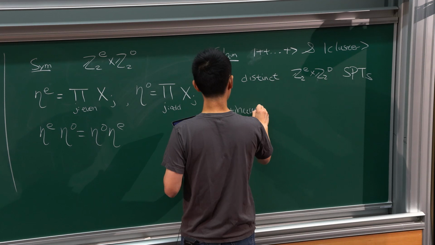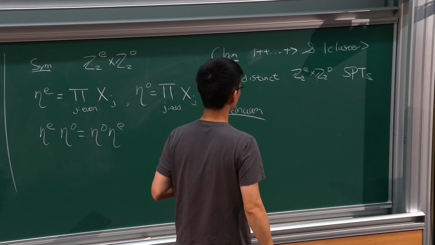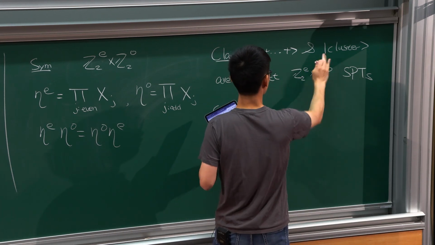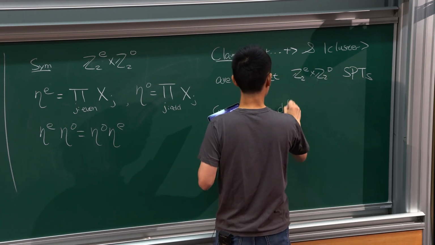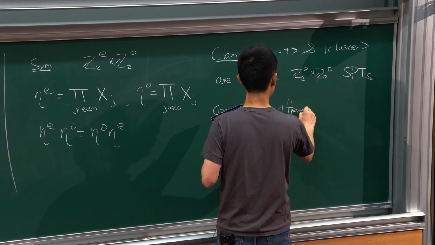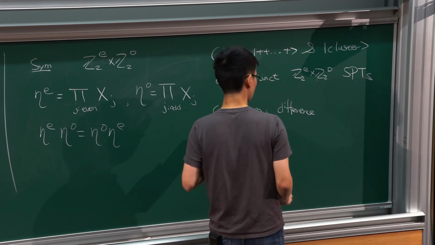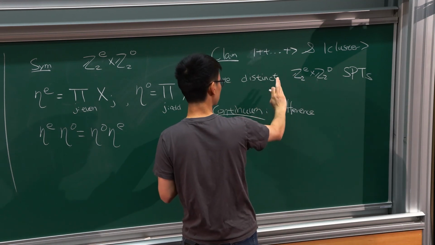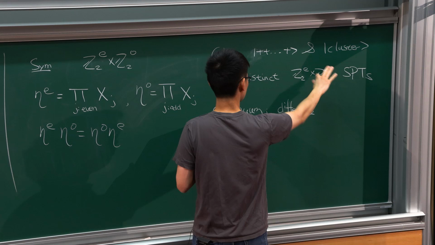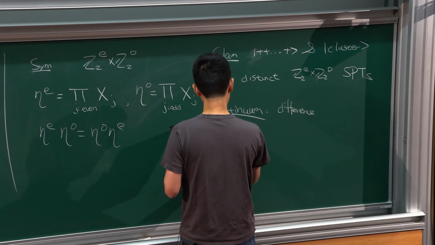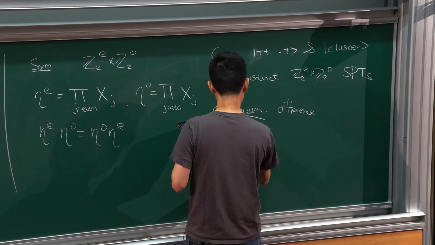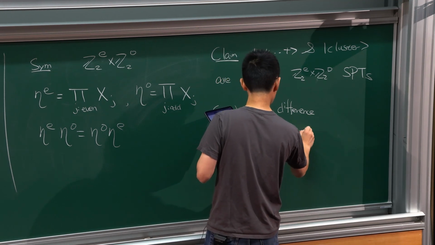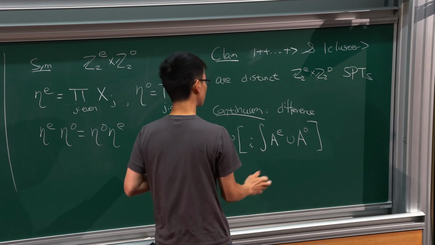And before I close, let me just comment on the continuum way to think about it. In the continuum, you can think about the difference between these two states as a counterterm. The counterterm is the continuum language to describe an SPT, and this counterterm is simply this. So you have a Z2 cross Z2 symmetry.